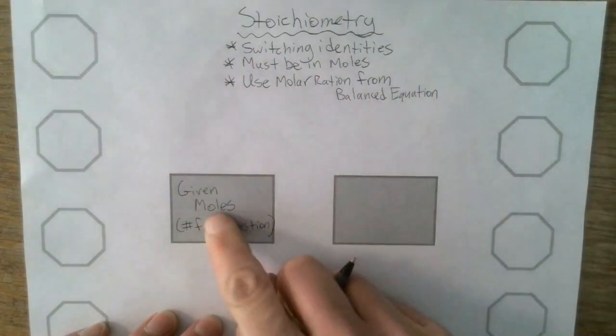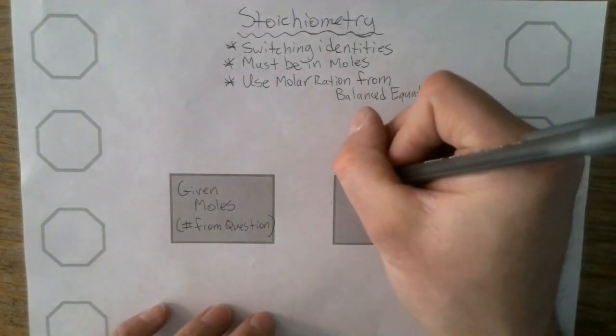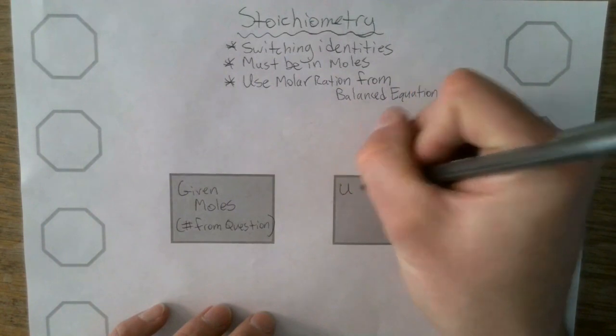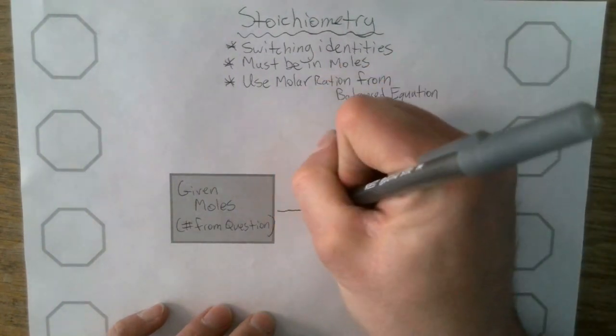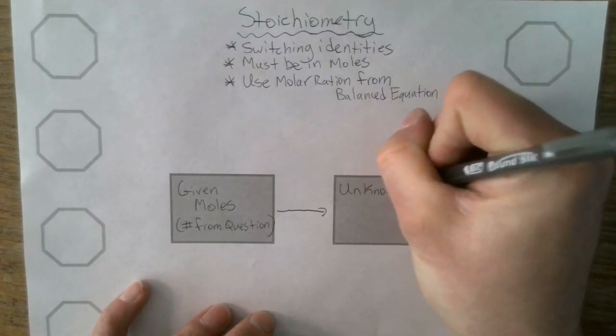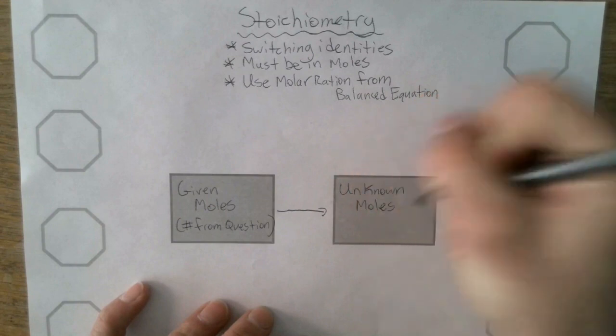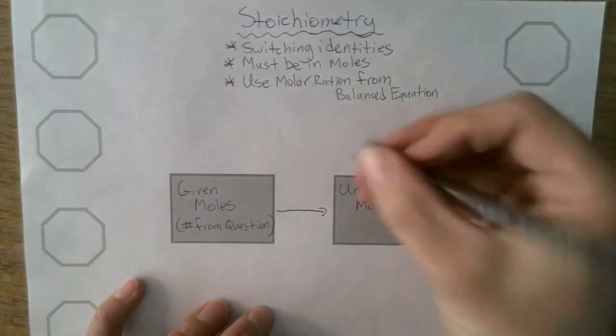Okay, so this is going to be your number that was given to you from the question. And then on the other side of this, we're going from our given to our unknown number of moles. So that's what we're trying to solve for.